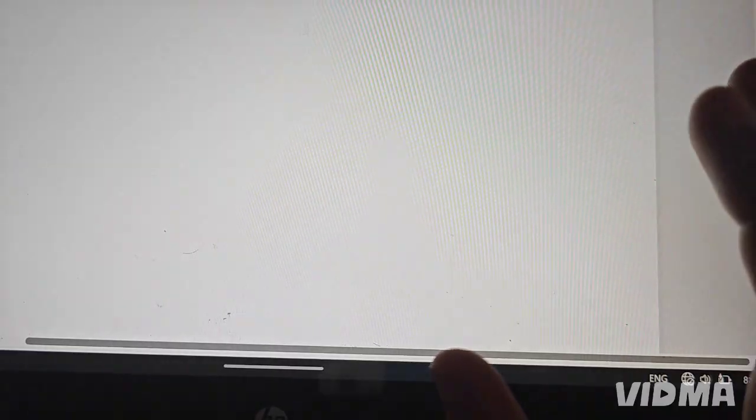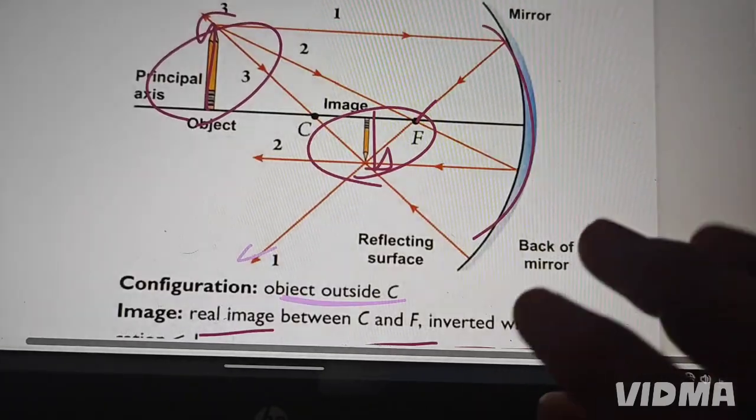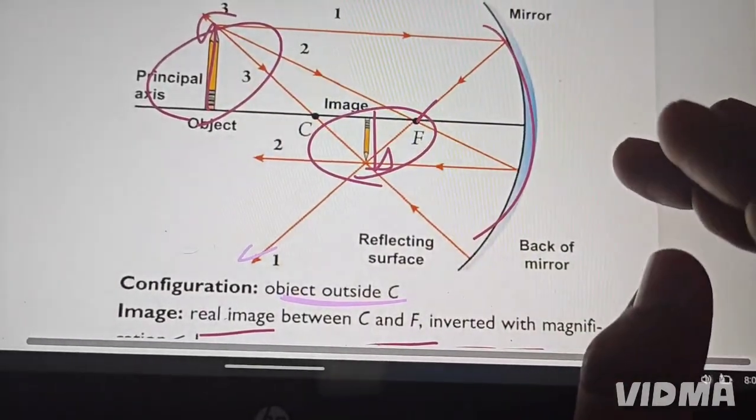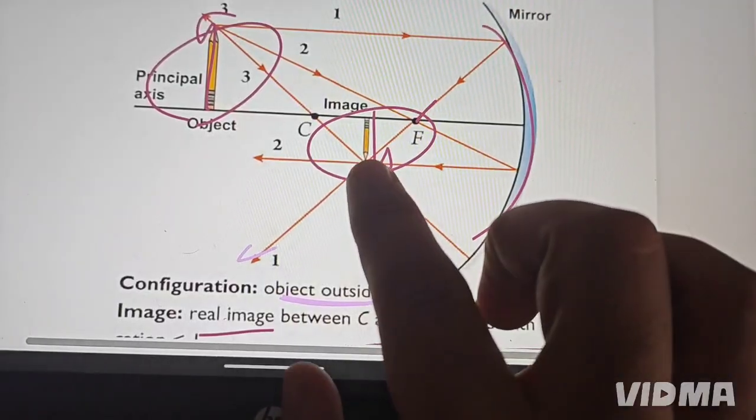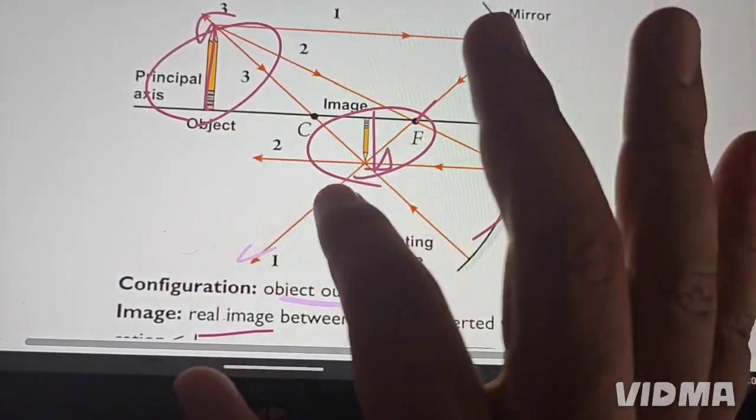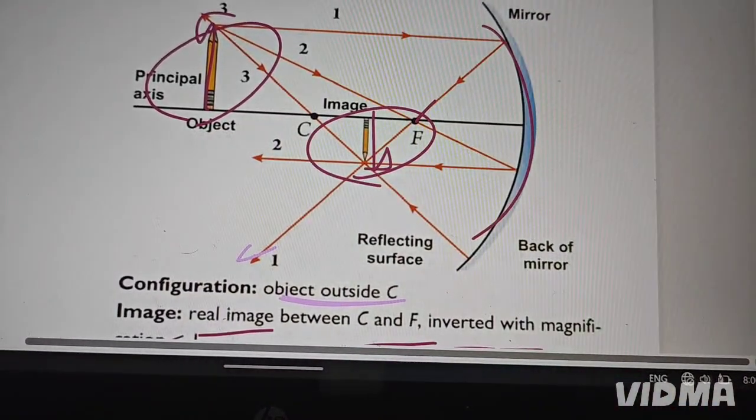Magnification must be less than 1 because the image size is less than the object size. Take a look in here. This is the image size, and this is the object size. The image size is less than the object size.